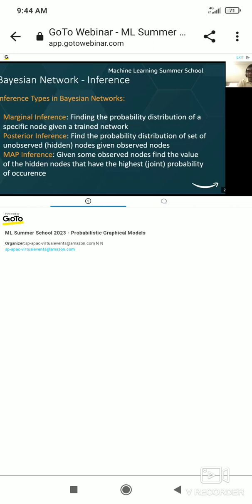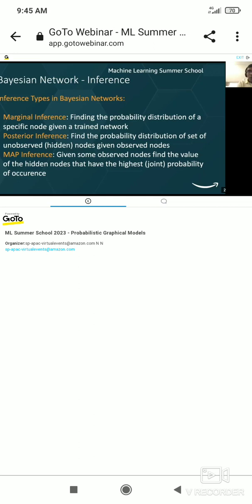So the idea behind training a Bayesian network is to be able to ask questions of this network and arrive at suitable answers that could either be point estimates or probability distributions. Essentially, there are three main types of inference. Marginal inference involves finding the probability distribution of a given node in a trained network.